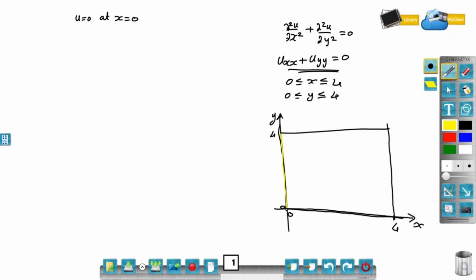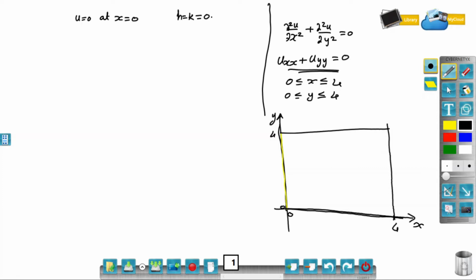In order to mark the boundary conditions, first we need the period. If we take the period of both x and y as equal, then we can apply the standard 5-point formula. So we can take h, that is the period of x, equal to k, that is the period of y.